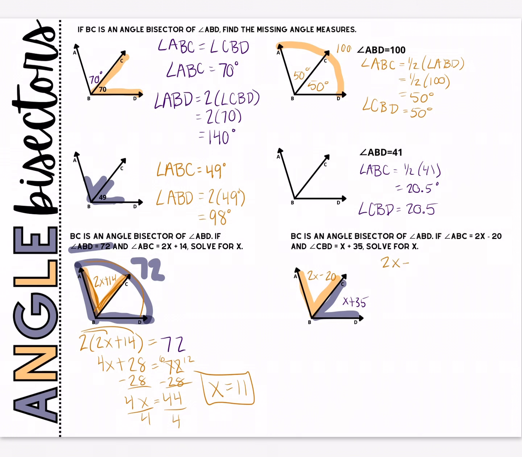So I can say 2x minus 20 equals x plus 35. Now we're back to just an equation, so we're going to solve it. I'm going to add 20 on both sides, so then I have 2x equals x plus 55. I'm going to subtract x on both sides, and so x equals 55.